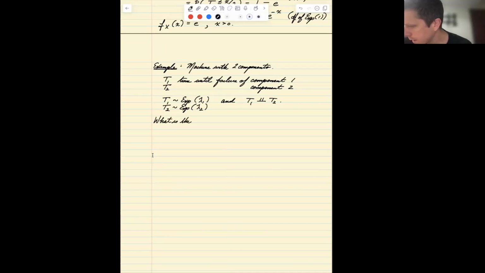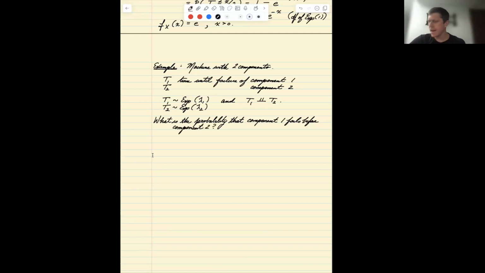What is the probability that component 1 fails before component 2?